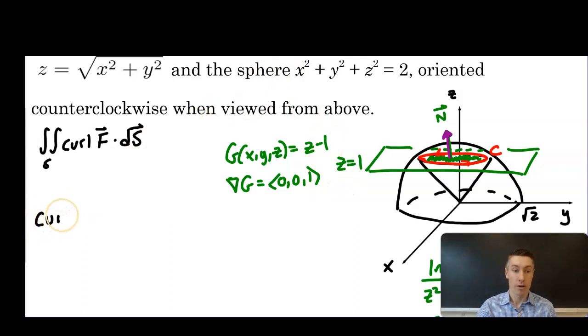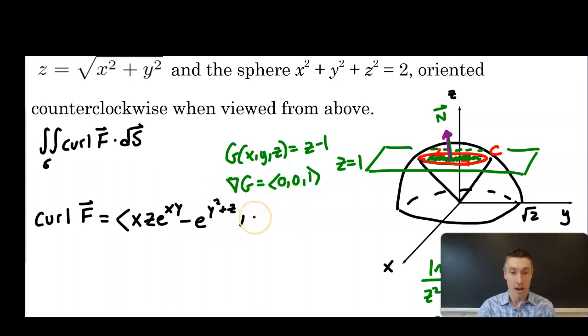We also need the curl vector field. I'm just going to write this out without the setup. That's going to be xz e to the xy minus e to the y squared plus z, negative yz e to the xy, and negative 2.